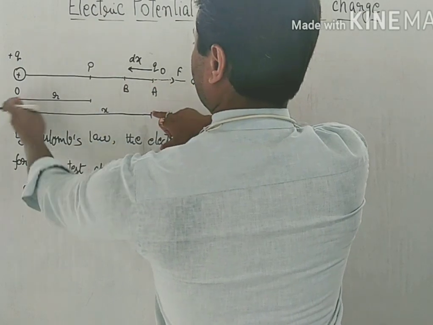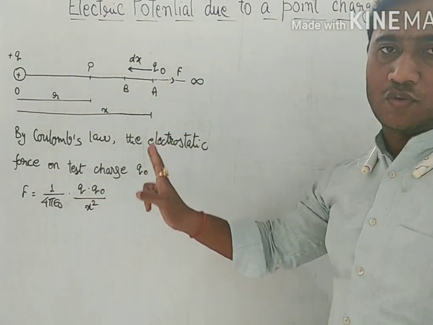What is the distance of this test charge from the source? It is x. So x square.